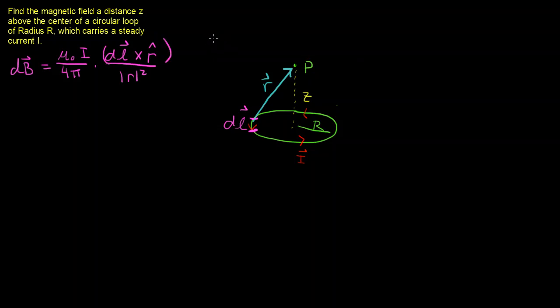We know that it's a vector. And because it's the cross product, we also know that it's going to be perpendicular to both dl and r. So in other words, it's going to come out like this, very nearly at a right angle.